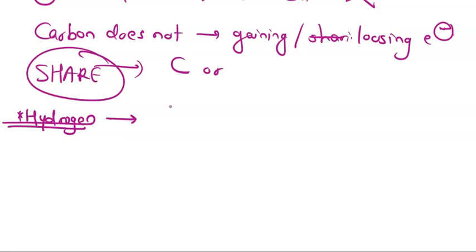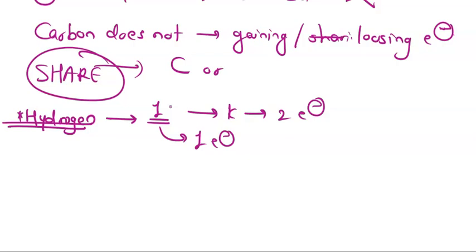Hydrogen has atomic number 1, so it has only one electron in the K shell. How many does it require? The K shell has a capacity of 2 electrons, so it needs 1 electron to fill the K shell.